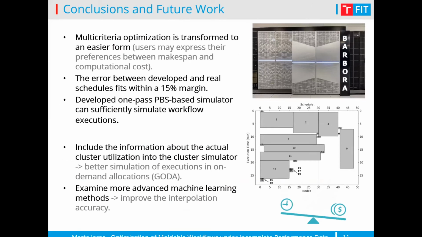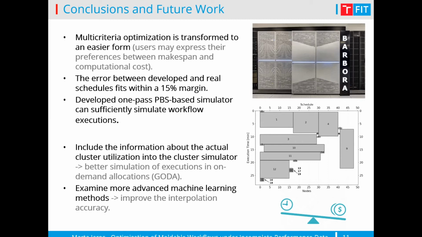So, okay, on this slide, I would like to conclude my presentation and say something about the future work. The optimization implemented transfers multi-criteria optimization to an easier form.